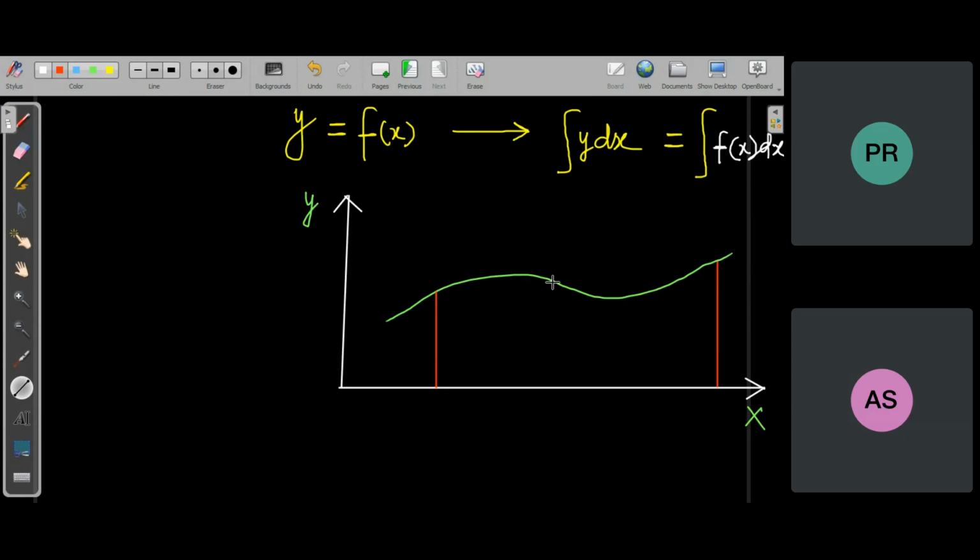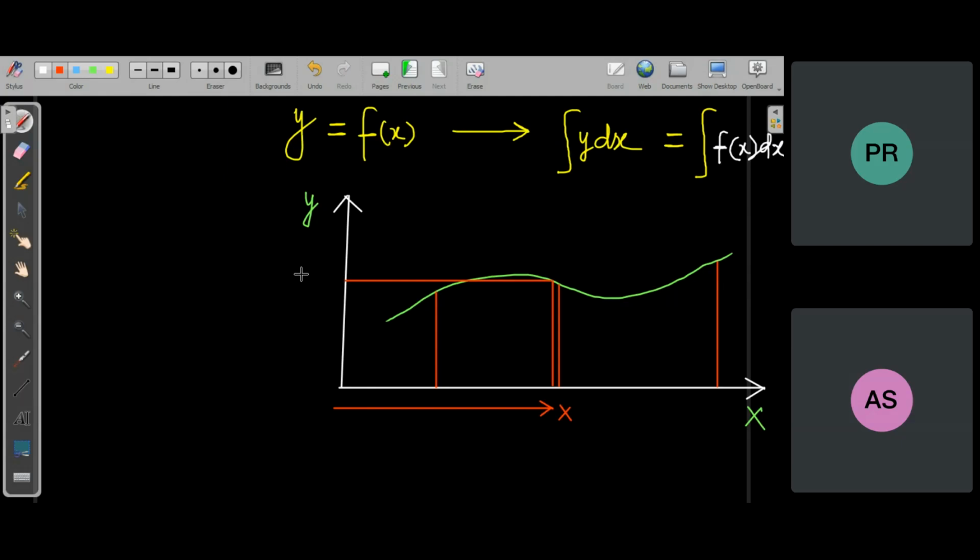Now, if you take any strip from x1 to x2, at a position x, then this coordinate represents nothing but f(x), right?